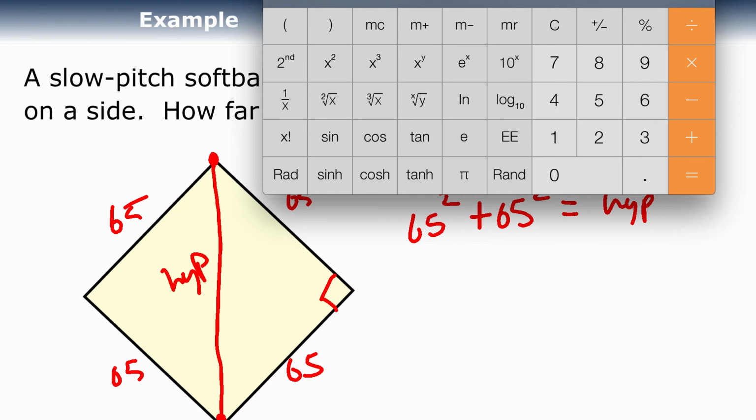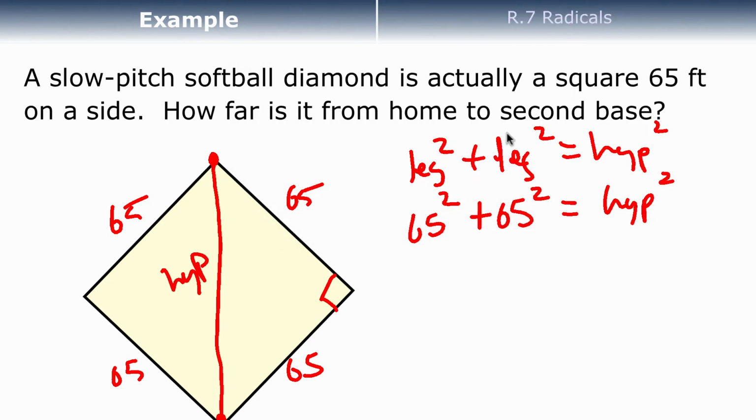So 91.9. So this distance across there is 91.9.